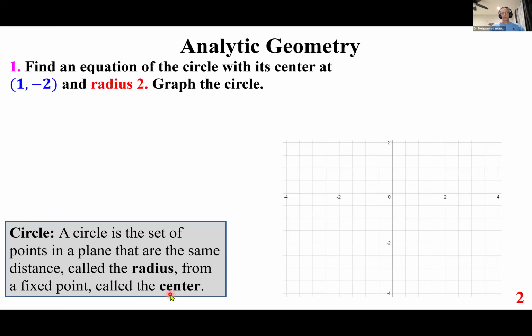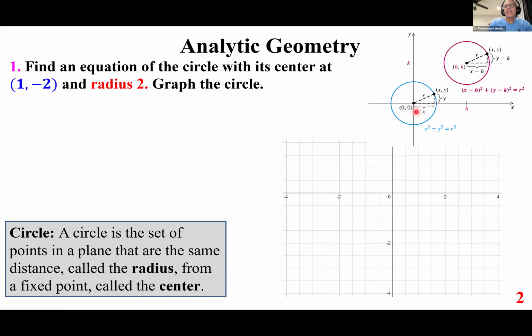What about the equation? If it's centered at (0, 0), with the radius r, following the Pythagorean theorem, x squared plus y squared equals r squared.